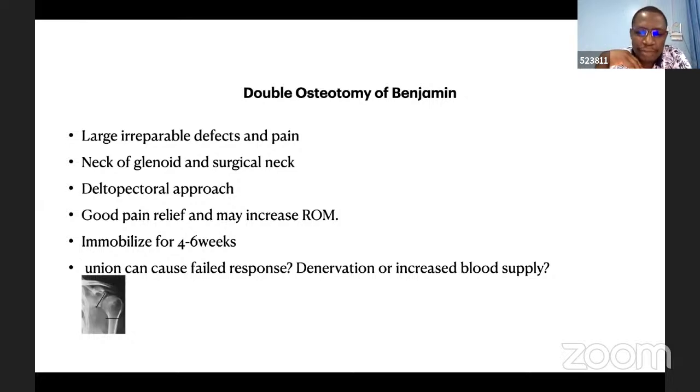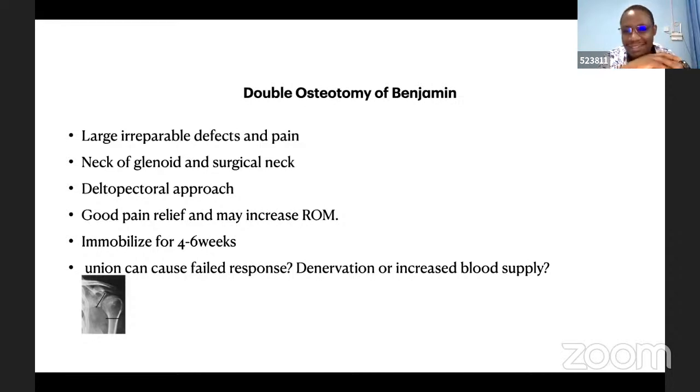Now, Benjamin, a long time ago, realized that some of these patients could not be replaced, and in those times there was not so much replacement happening, so he could just cause a fracture around the glenoid and a fracture around the humerus. The glenohumeral joint is rendered, what do you call it when you have a fracture up and down the joint?